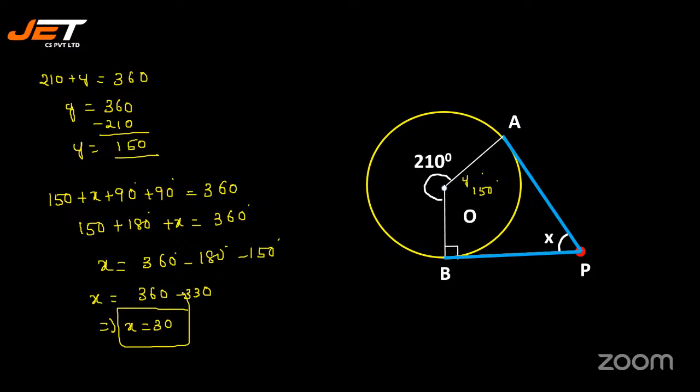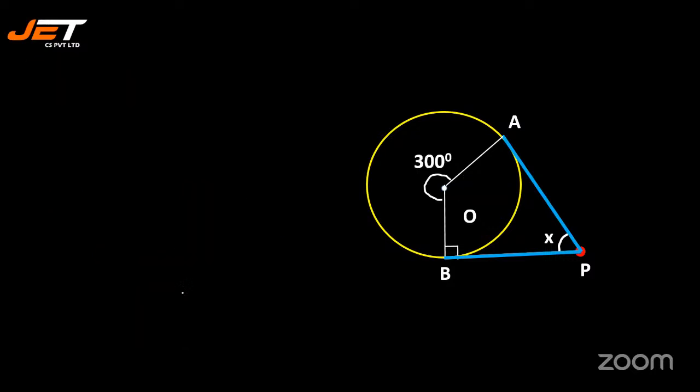Okay. So hope this is clear and all of you have understood it. And you would have also got the same answer, I suppose. All right. Now let's move on to the next one. Next we have 300. So let's find y. So 300 plus y is equal to 360.